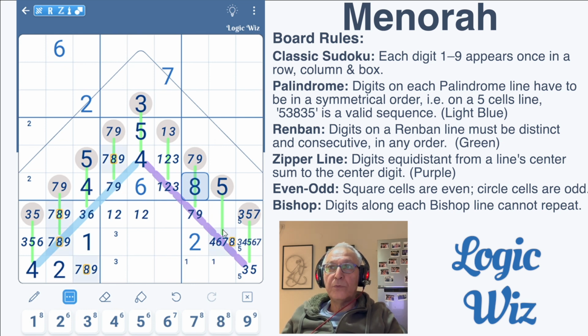Now, from 5 we cannot get to 8, so 8 is not an option here. So we don't have an 8 here, we don't have an 8 here, we have an 8 here. This one must be an 8. And this one must be a 1.